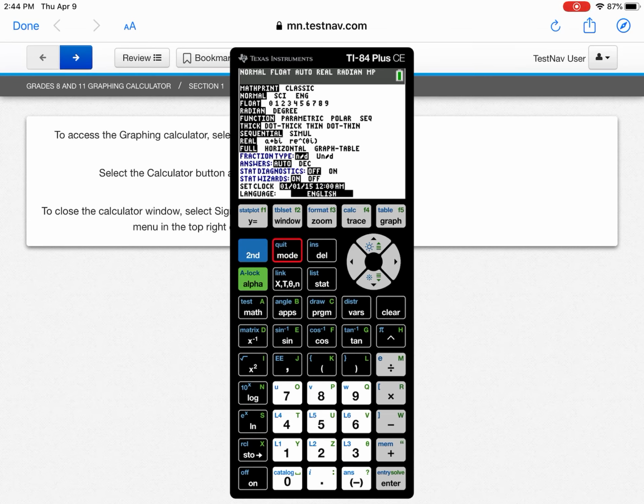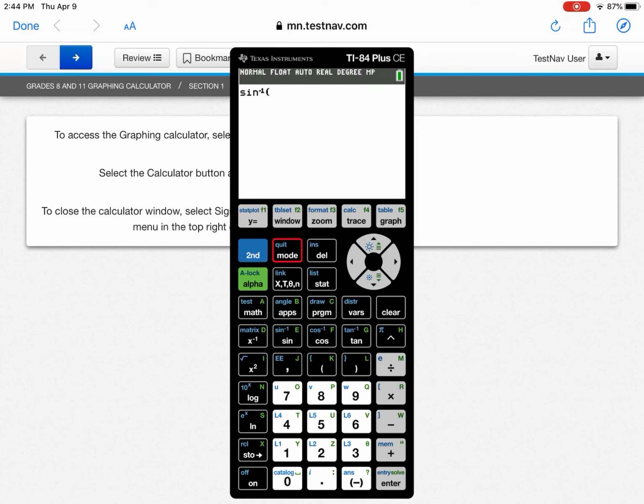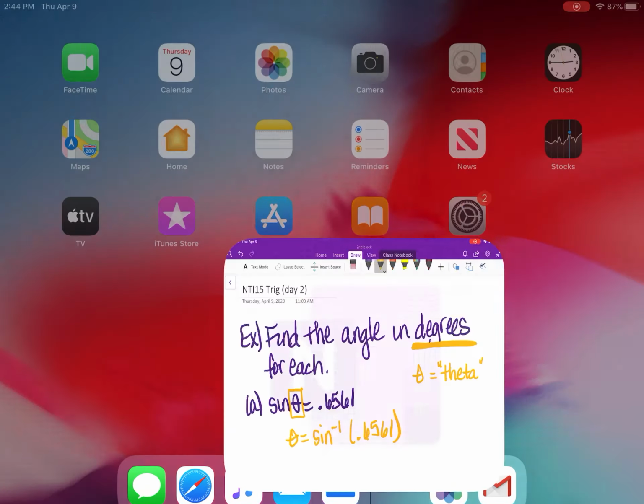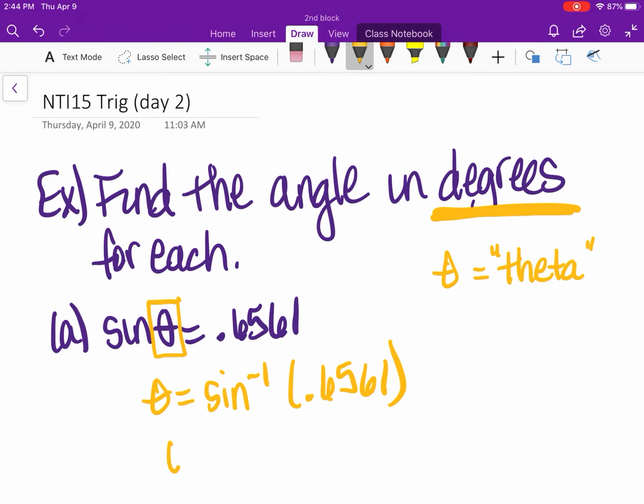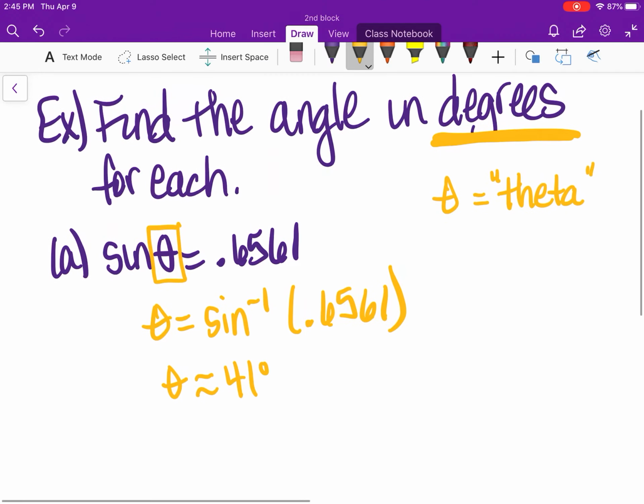I go to mode, and I'm still in radians from yesterday, so I need to change that to degree and then quit. Now I can type in 0.6561, hit enter, and my answer looks like about 41 degrees. So theta is about 41 degrees.